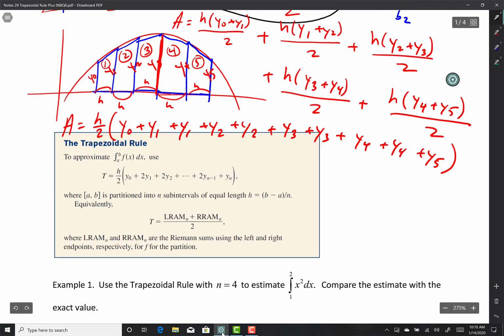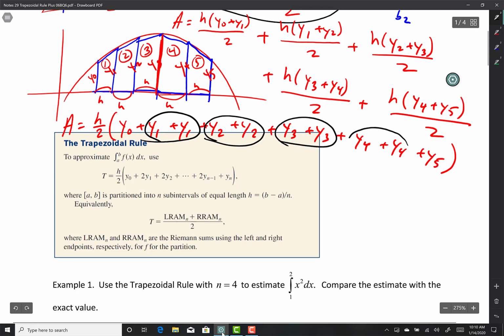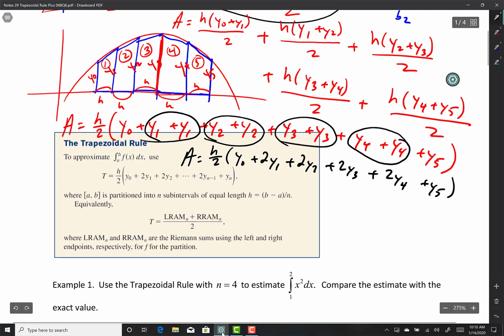I want you to notice there's 2 of each one except at the endpoints. The very first one that I started and the last one that I stopped. Do you guys notice that, guys? So area equals, in this case, h over 2 times y0 plus 2y1 plus 2y2 plus 2y3 plus 2y4 plus y5. And look, there's my formula.